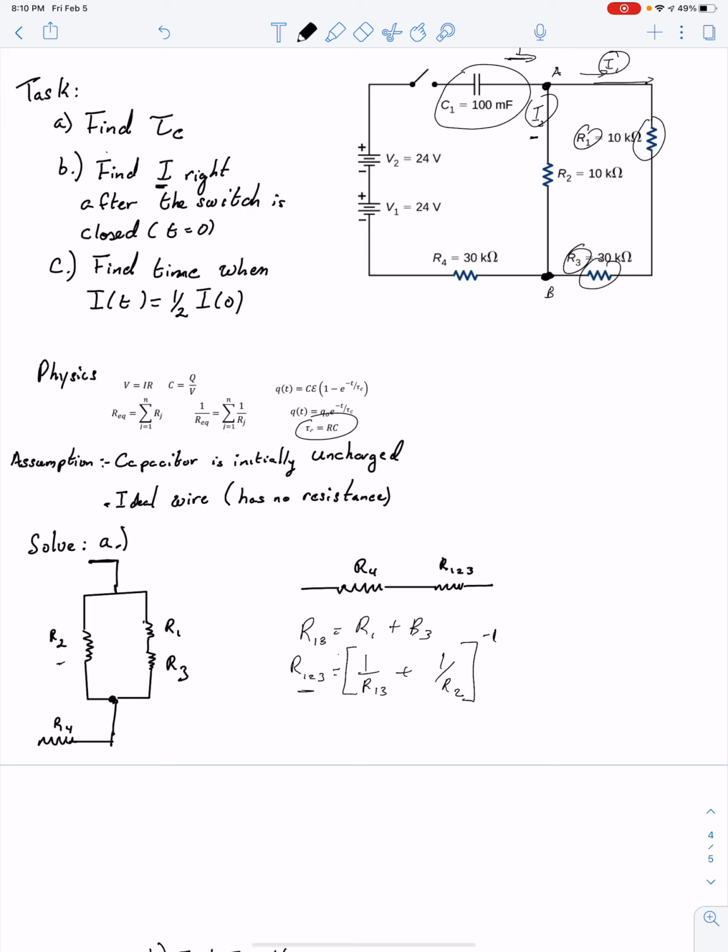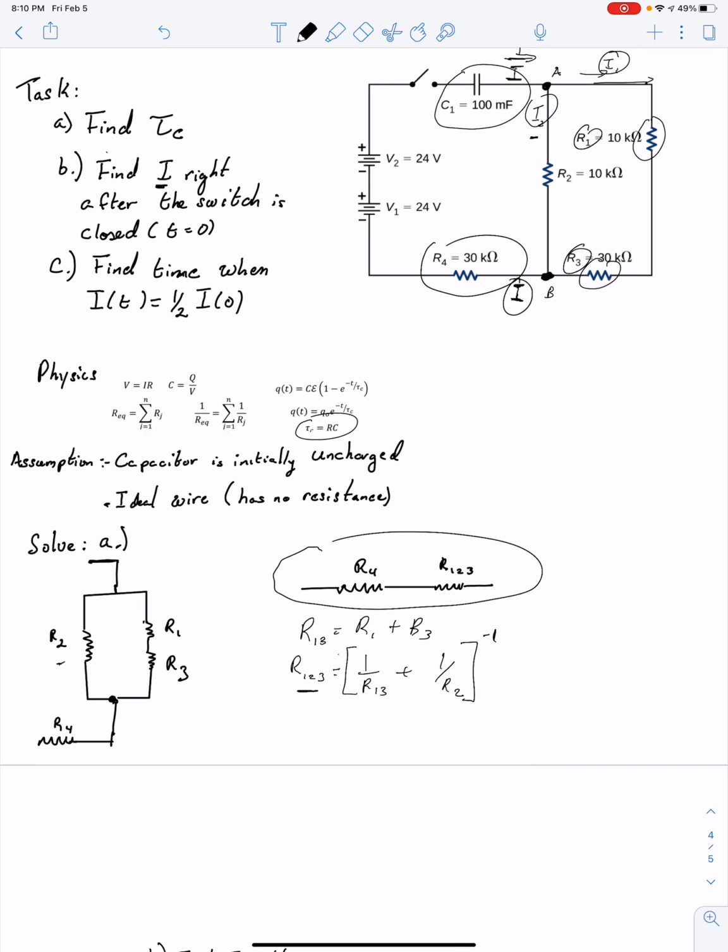Okay, we have this. And now the only thing left is R4, which is also considered now, because now we're back. This part right here in current is the same current as we started with at this junction.